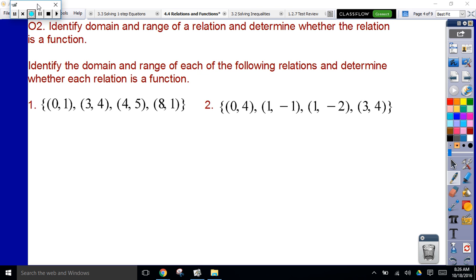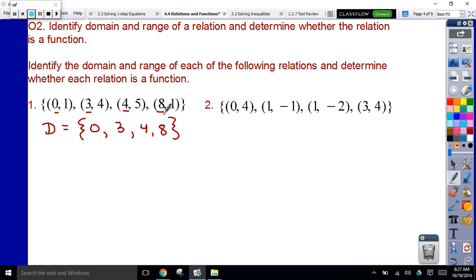Okay, our second objective is to just identify domain and range of a relation and also determine whether it's a function. So when we're identifying the domain, it's just all of the input values or all of the x values. So we just say domain equals, and then we make a list of all the x values. So we have 0, 3, 4, and 8. You usually list them in order, and if there are any duplicates, you don't write them twice.